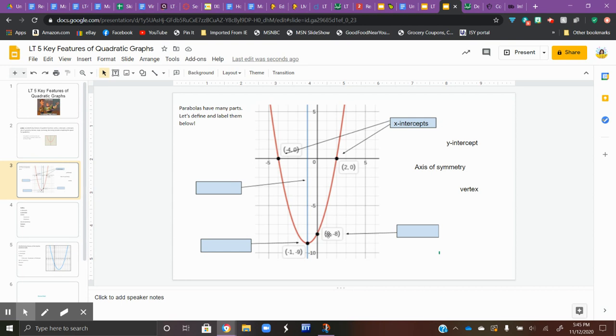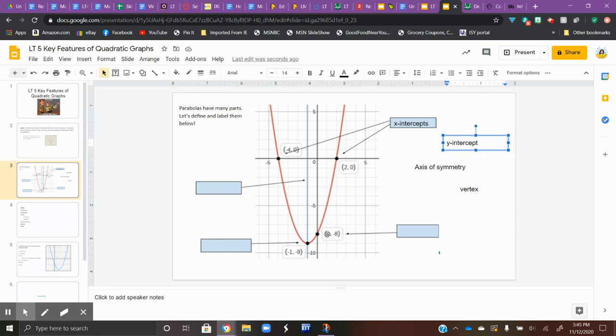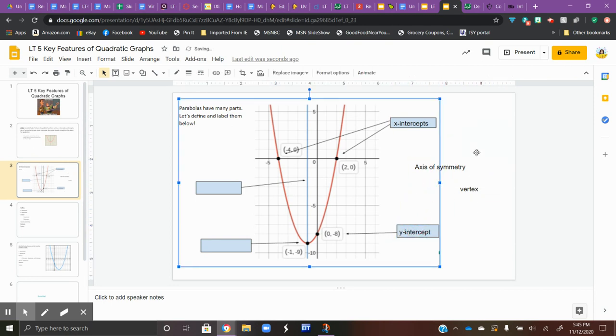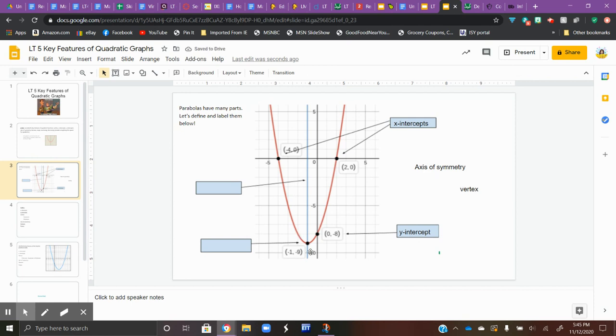Then we have another term that you should probably be familiar with, which is your y-intercept. Where does your graph cross this y-axis? You're only ever going to have one y-intercept. For a parabola, that's only going to happen once. So this point down here, (0, -8), that's our y-intercept. Then we have our vertex, something else we've talked about a couple times now.